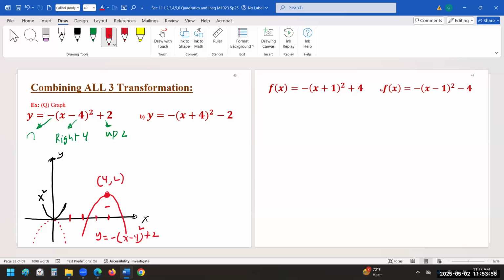From the original one, plus is supposed to go right. Do you go right? The left, right doesn't listen to us.